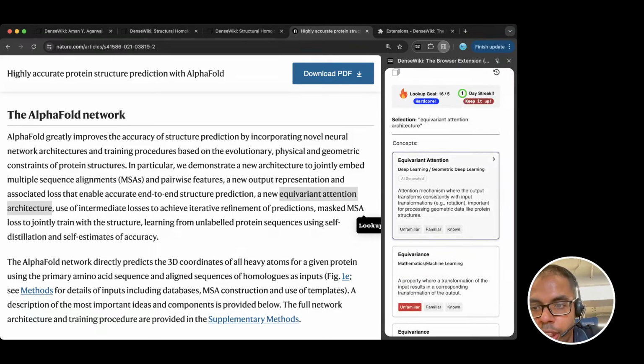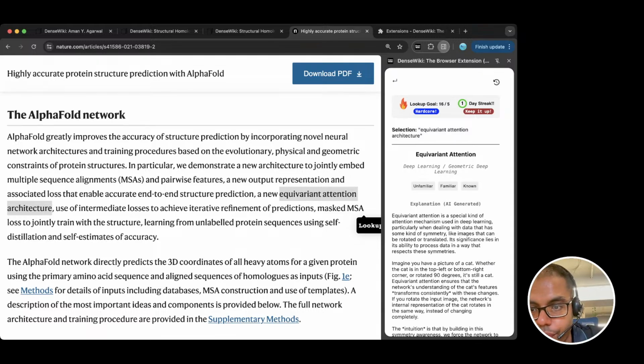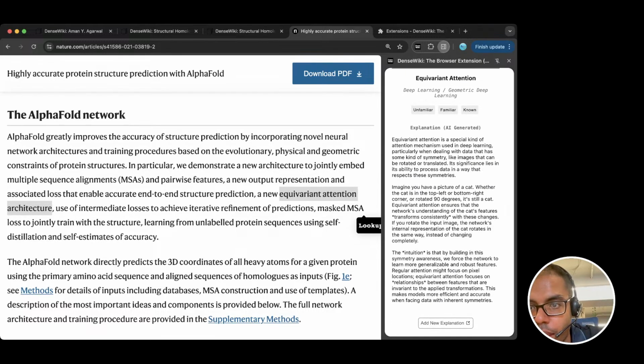Equivariant attention is a special kind of attention mechanism used in deep learning, particularly when dealing with data that has some kind of symmetry, like images that can be rotated or translated.